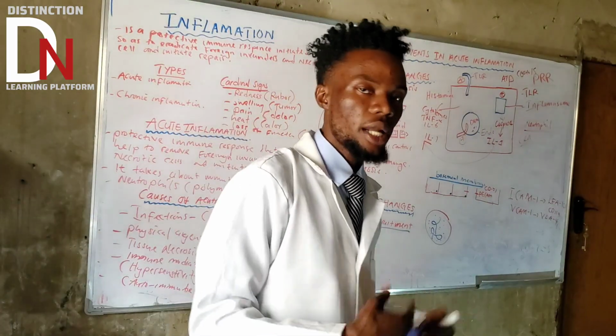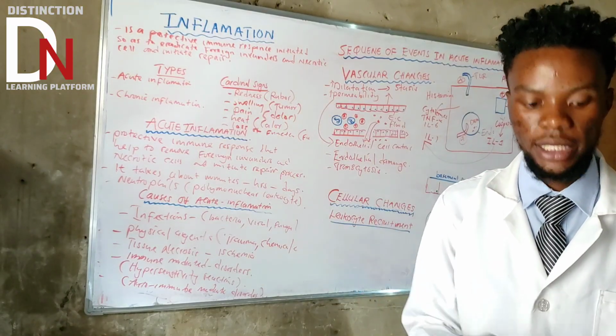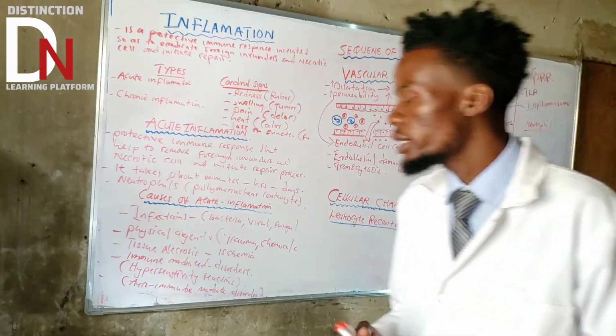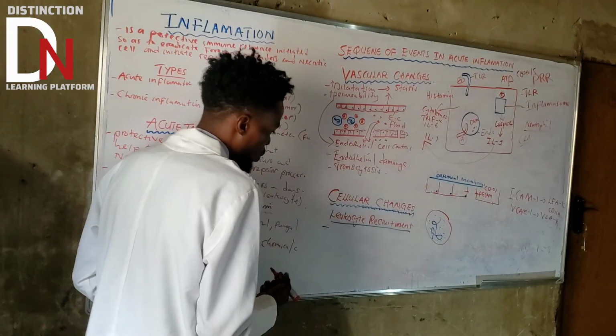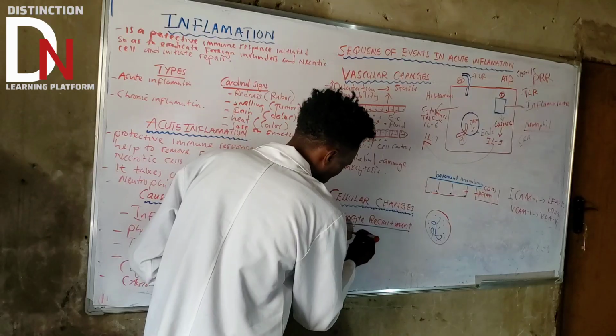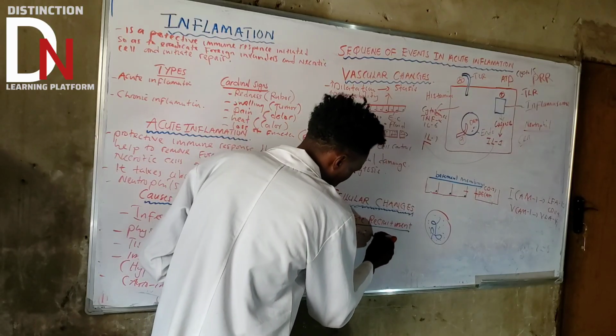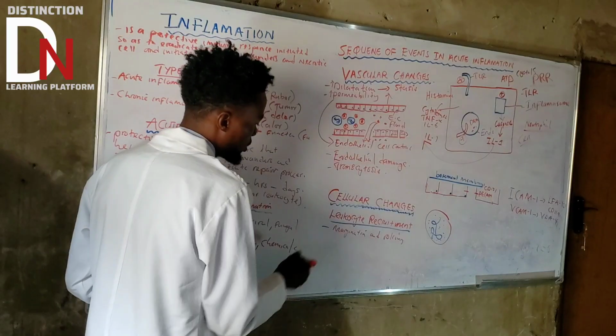No wonder we say leukocyte recruitment and leukocyte activation. Under leukocyte recruitment, there are 4 important things that you need to understand. The first process that's going to happen is margination and rolling.